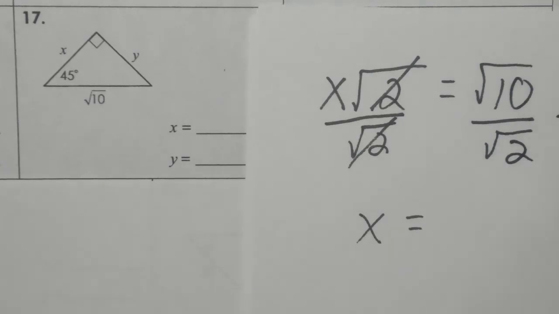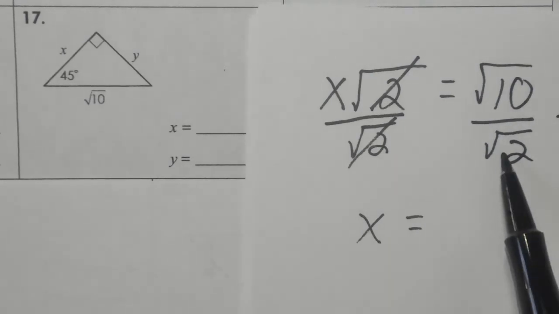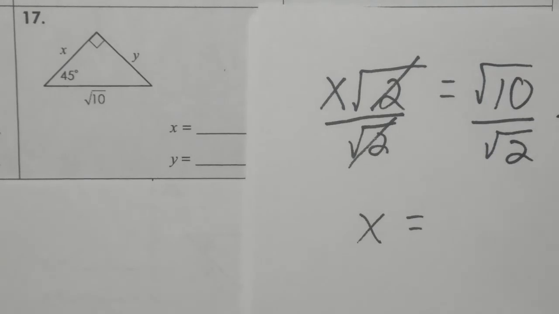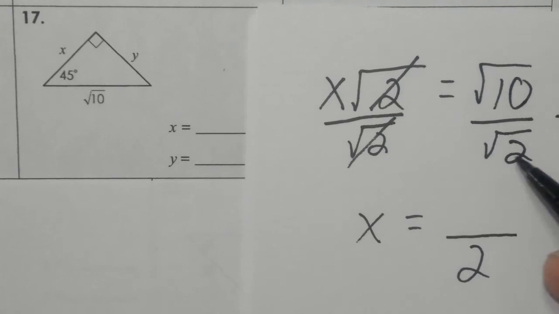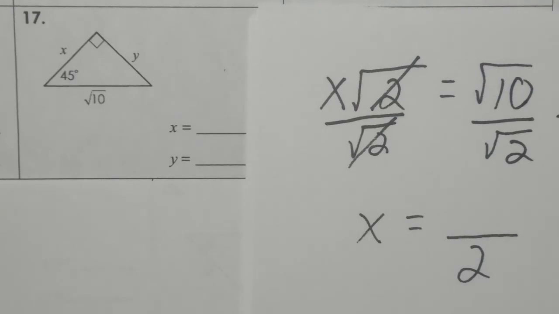So when I multiply down here, the square root of 2 times itself is always just going to be 2. Right? Or the square root of 3 times the square root of 3 is going to be 3. So on and so forth. The square root of 7 times the square root of 7 is just 7. You're effectively squaring a square root, which those two things are inverse operations, so they undo each other.